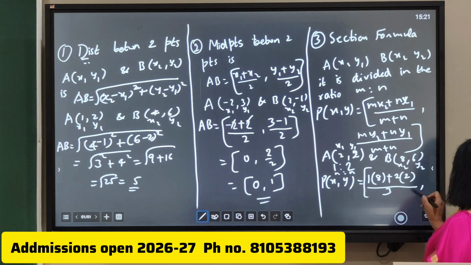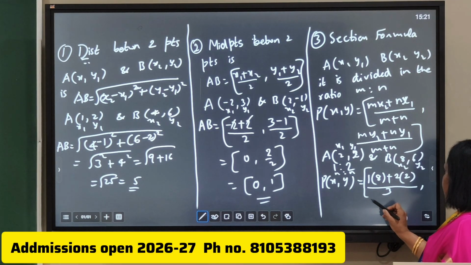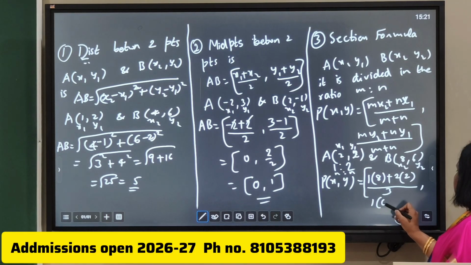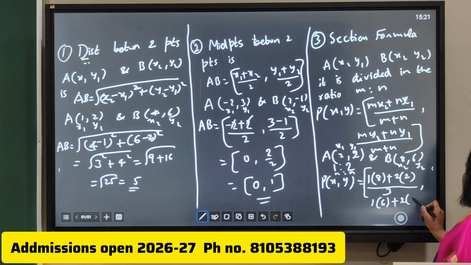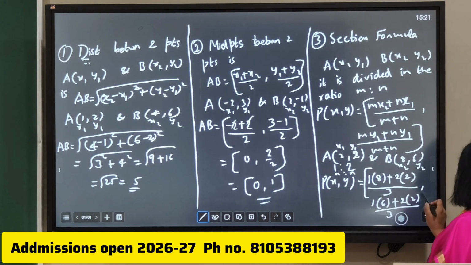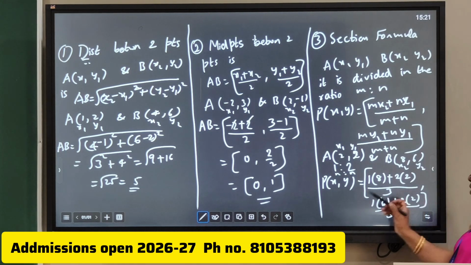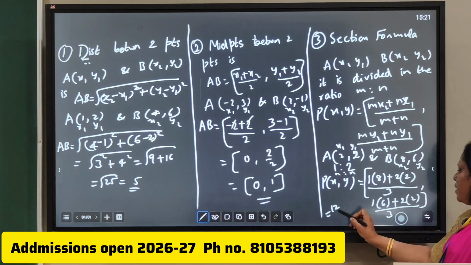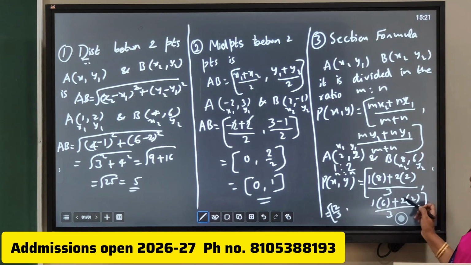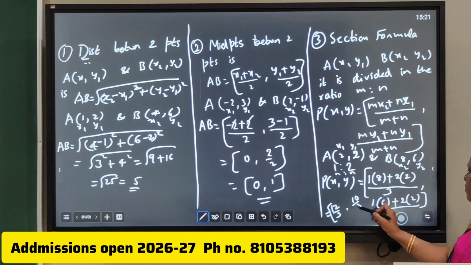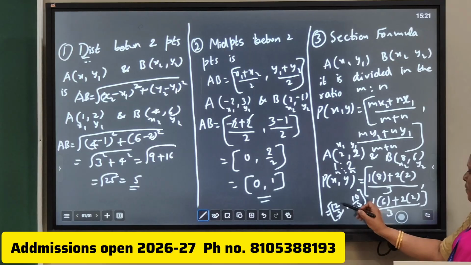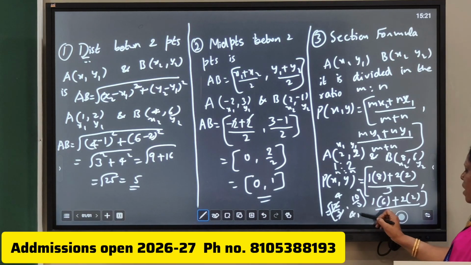This is x coordinate and y coordinate would be m is 1, 1 into y2 is 6 plus 2 into 2 divided by 3. So when you calculate 8 plus 4 is 12, 12 divided by 3 and 6 plus 4 is 10 by 3. 4 comma 10 by 3 is the answer.